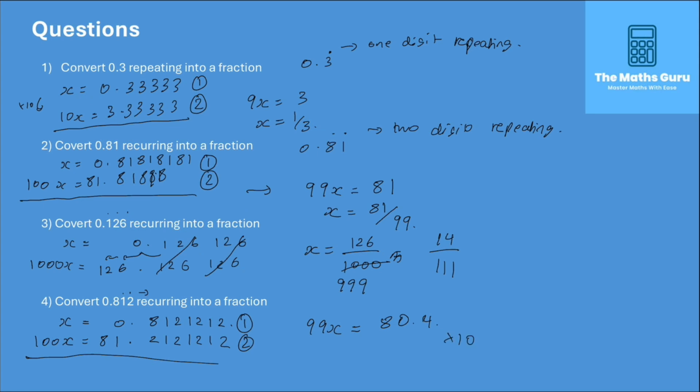So timesing by 10 on both sides to get rid of our decimal, we get 990x is equal to 804. Then solving for x by dividing through by 990, we get 804 over 990. This is our final answer, which can be simplified, I believe, to 134 over 165.